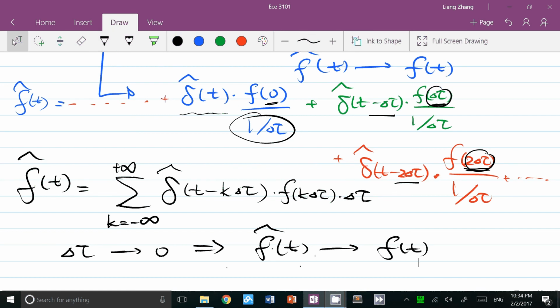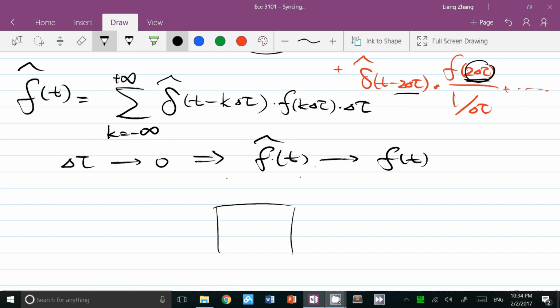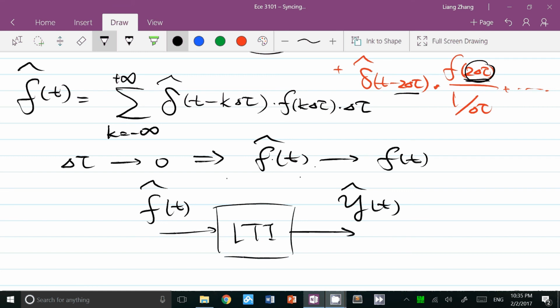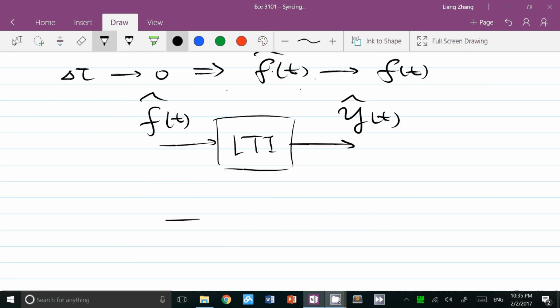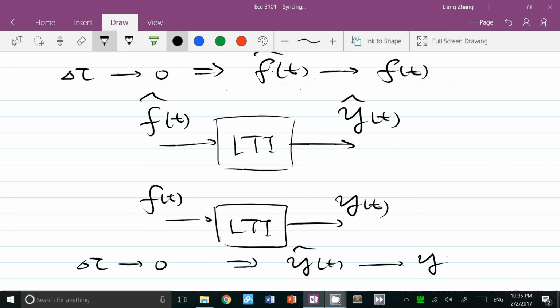And if we believe this to be true, and assume a linear time invariant system, where the output of f hat of t is y hat of t, and the original input f of t generates the output y of t, then as delta tau goes to 0, the rectangles become thinner and thinner, which will lead to y hat of t approaching y of t.